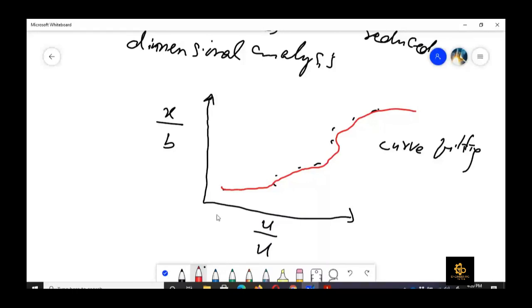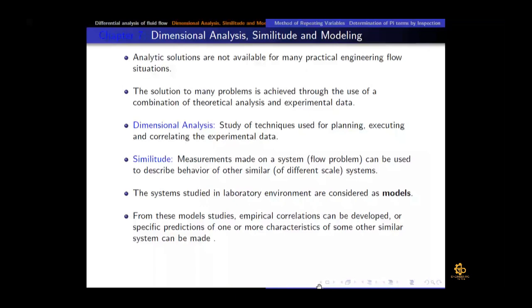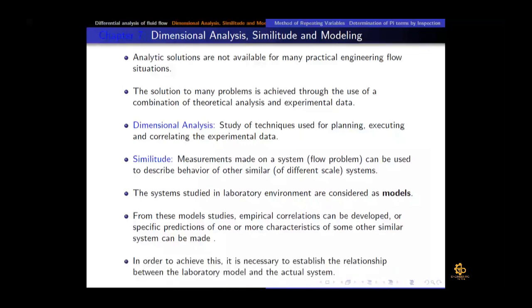In software like MATLAB, if we have XY data, we can easily do the curve fitting and get different kinds of empirical correlations. But getting that accurate data is the challenge. Getting the empirical correlation is just a job of 5 minutes, not more than that. In order to achieve this, it is necessary to establish a relationship between the lab model and the actual system.